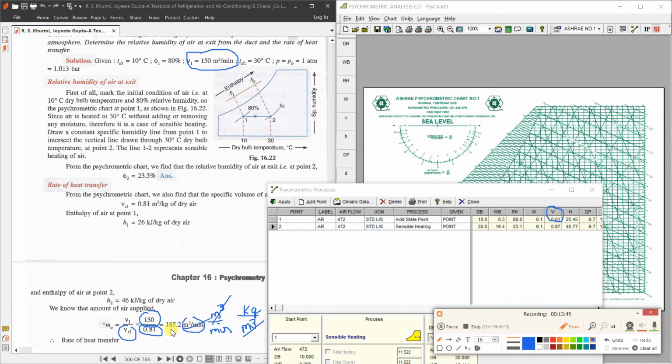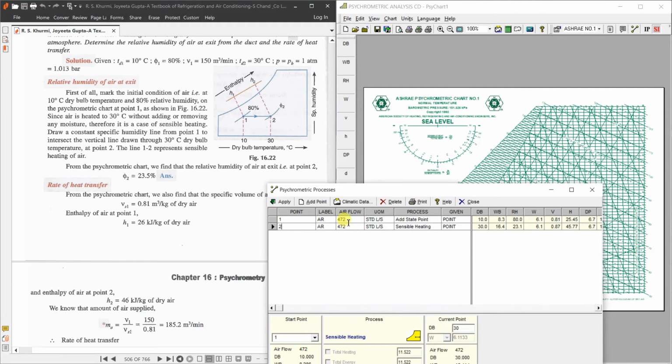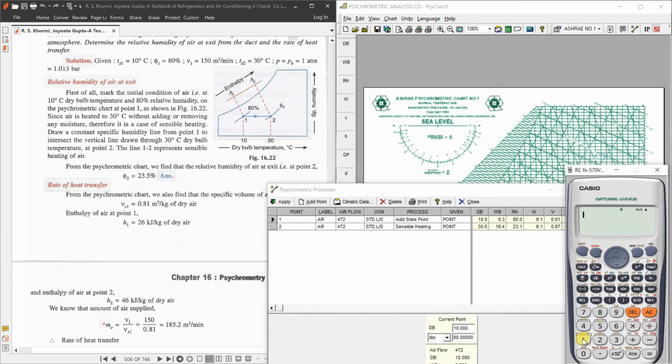So this value will be 185.2 kg per minute. Now this value we can substitute over here in the software. So we can calculate this value again if you require in the calculator. So this value will be 150 divided by 0.81.